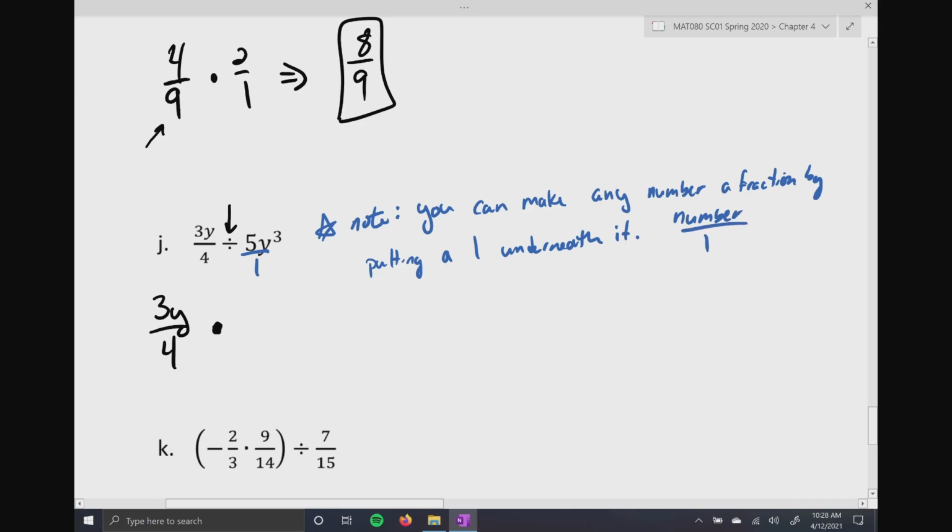You can make any number you want a fraction just by putting a division symbol, or better yet, the fraction bar, I think is the better way to say it. So you can make any number a fraction by putting the fraction bar and a 1 underneath it.